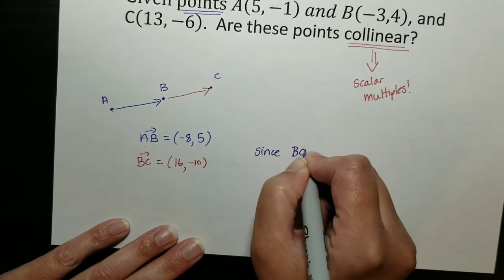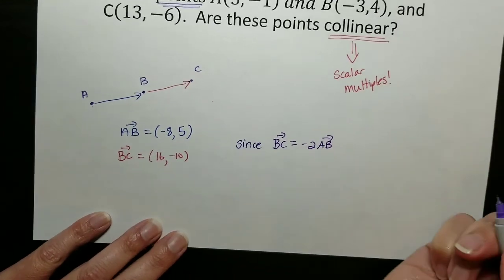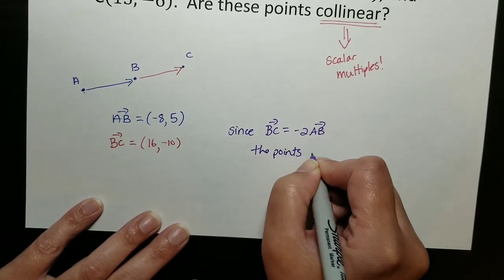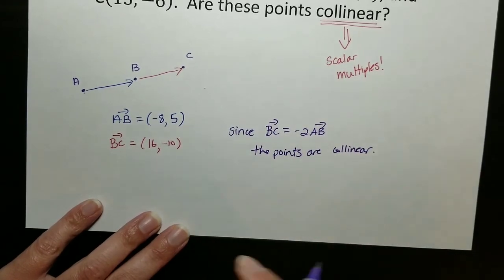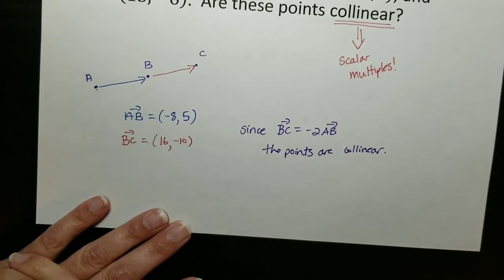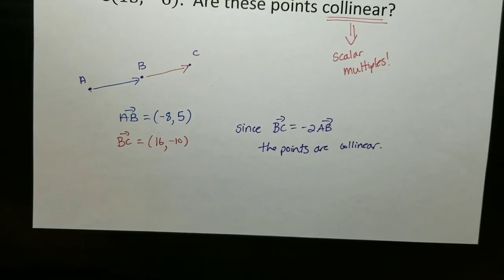Since BC equals -2 times AB, the points are collinear. Okay, it has to be x and y and z if you had it, if it was R3, that were all the same scalar multiples for collinearity. And that is it for Unit 2, Day 4.